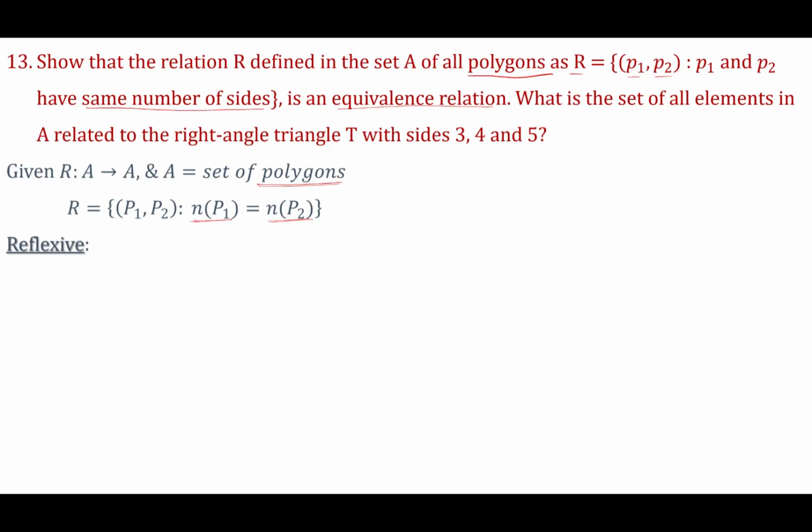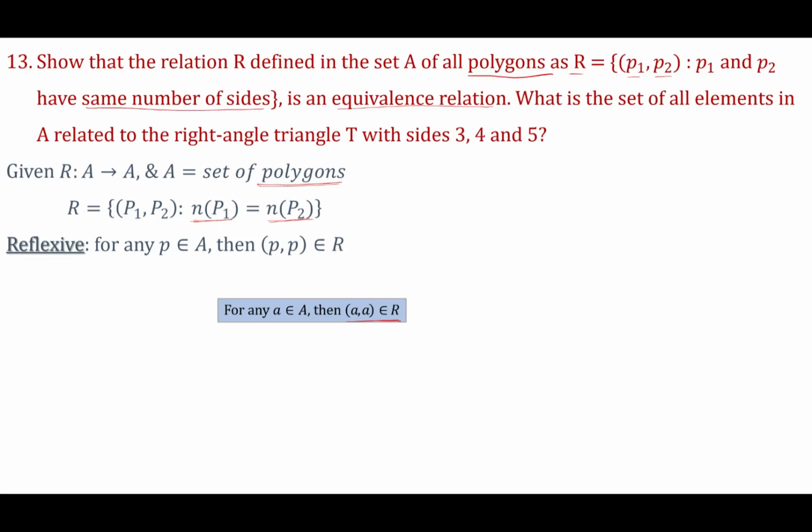Reflexive. A reflexive definition says for any element a of set A, then (a, a) belongs to R. For any polygon P which belongs to set A, then (P, P) belongs to R. Why am I saying (P, P) belongs to R?